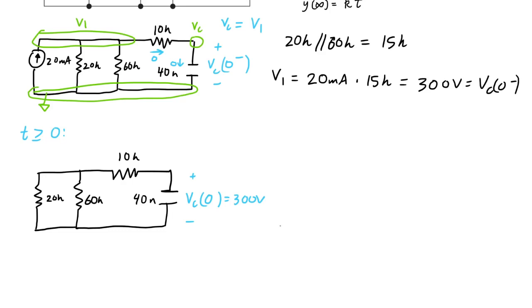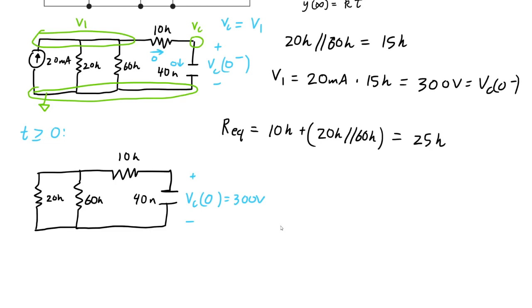So I'm going to find our equivalent for this whole network. We already kind of did, but we want to do that so we can find the time constant. So we have 10K in series with the 15K equivalent, which is the 20K in parallel with the 60K. That's going to be 10 plus 15, so 25K.